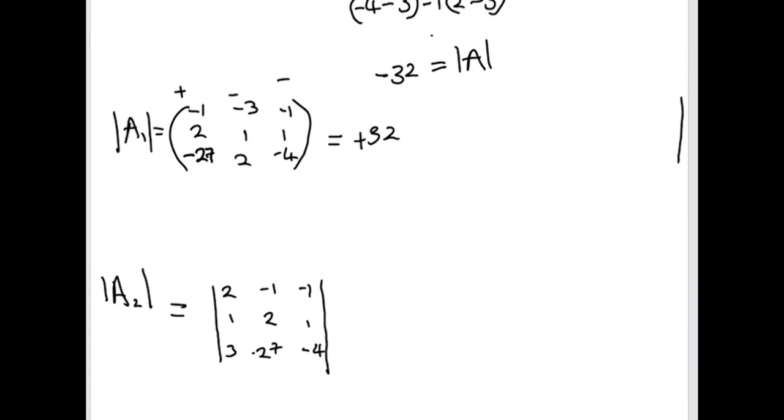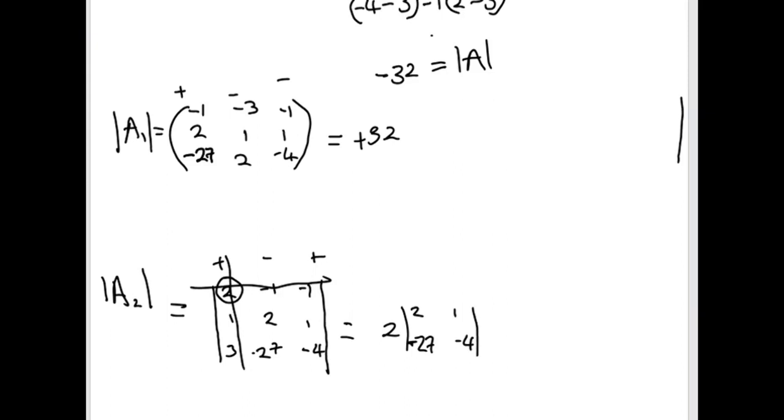So this will be equal to, taking this first element, so I have 2, deleting this and this, so I have 2, 1, -27 and -4.